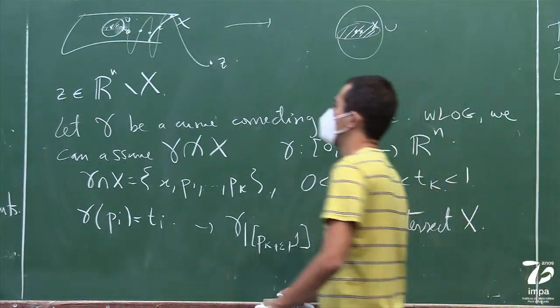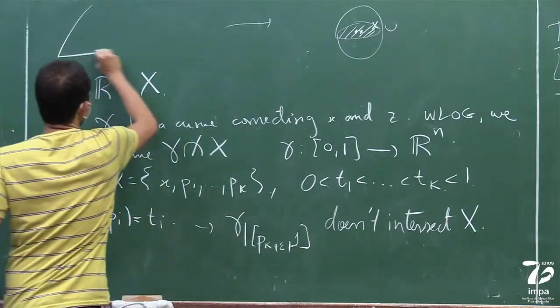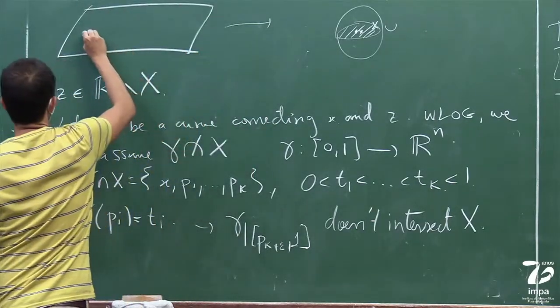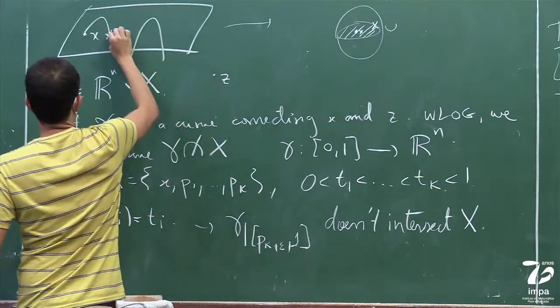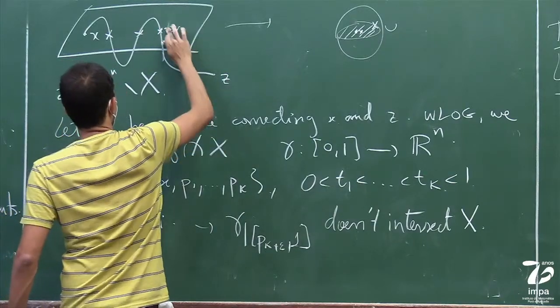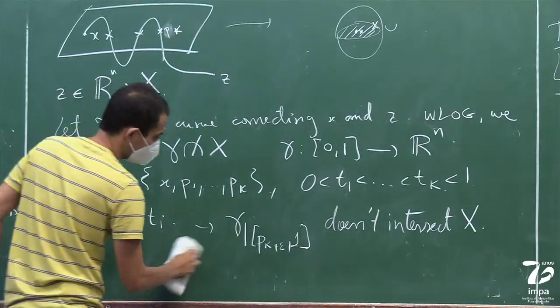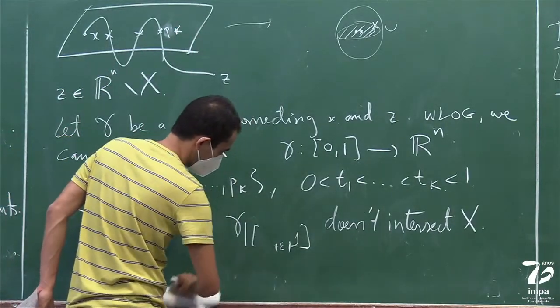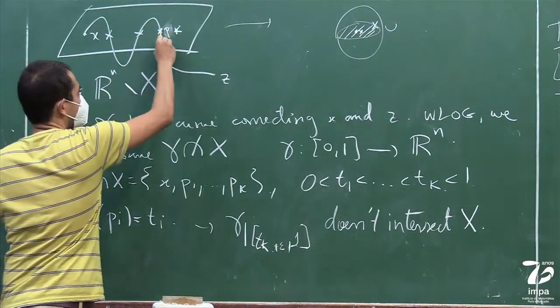Okay, so let me expand my picture here so you see what's happening. So here's x, here's z, and then my curve maybe intersects x a few times. And then this is my tk. So after tk, I don't intersect x anymore.